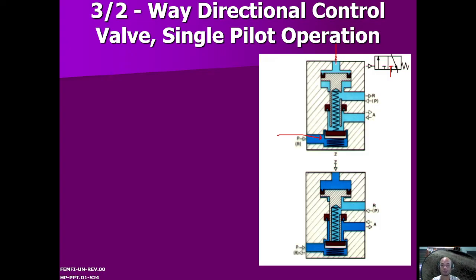But if you put pressure in the Z port, the valve or this sleeve will go down, and then the pressure from P will go to A. So in this diagram also, you can see P will go to A, at the top part. So these are the 3/2-way directional control valves.